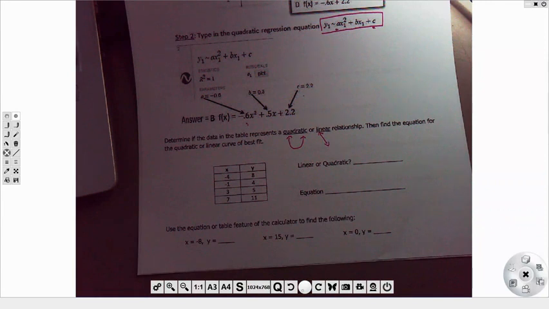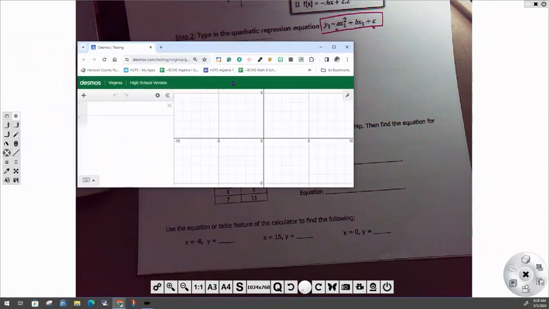So if I were to bring over my Desmos and create a table and put my data in there, -4, 8, -1, 4, 3, 5, 7, and 11. Okay, so I have my data in there.